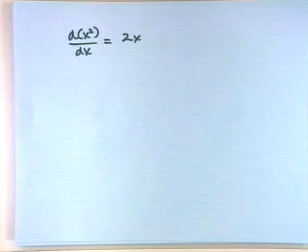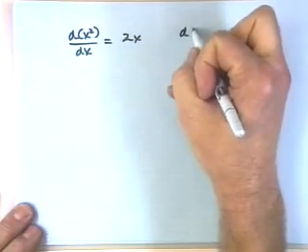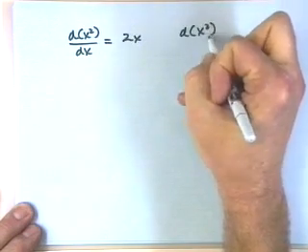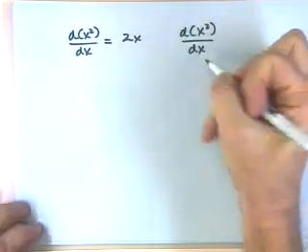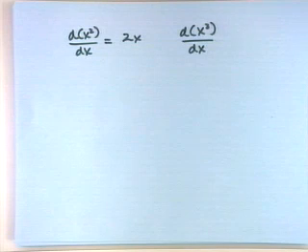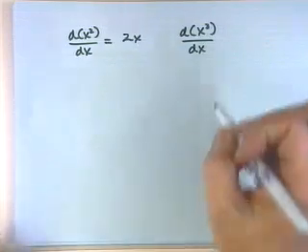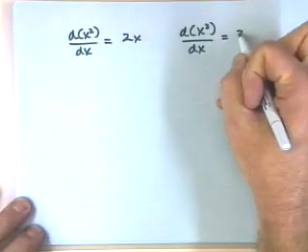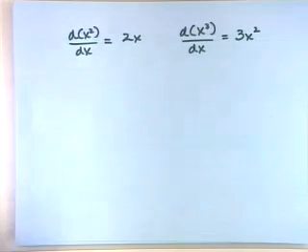And we found that using the definition of derivative. We've also done the derivative of x cubed. Actually, I think we did the function x cubed minus x. But the x cubed portion of that, the derivative of x cubed was 3x squared.